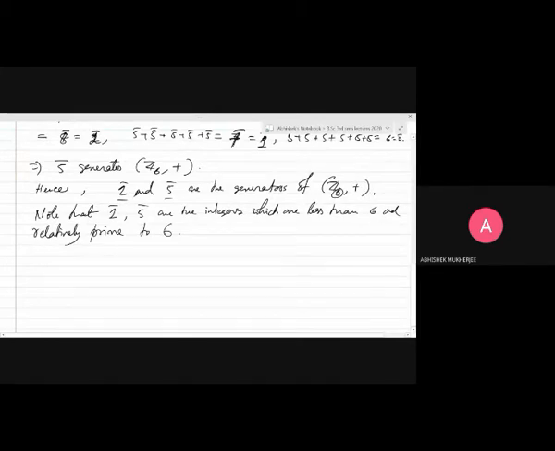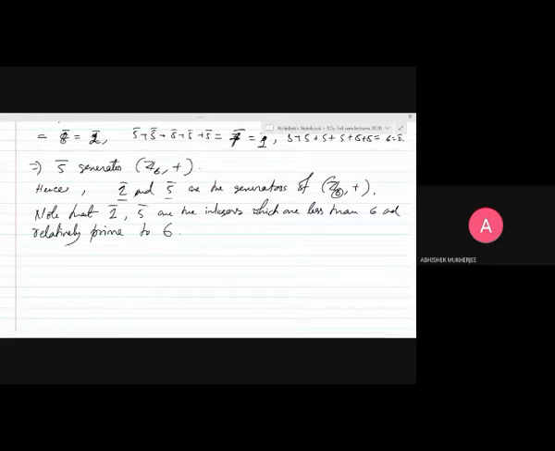Right. So this gives you an indication that, can you generalize this feature to any Zn plus group for any n?